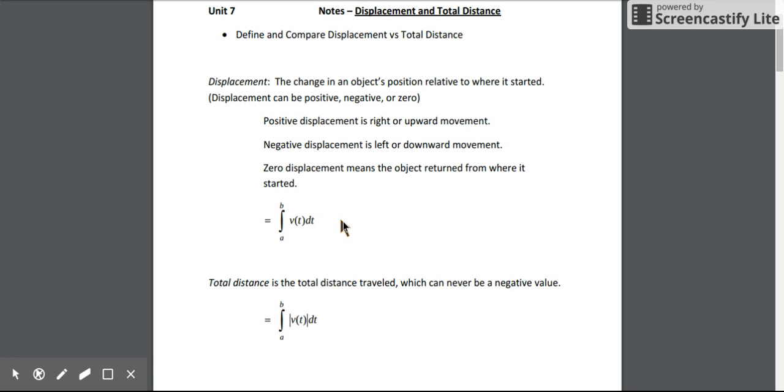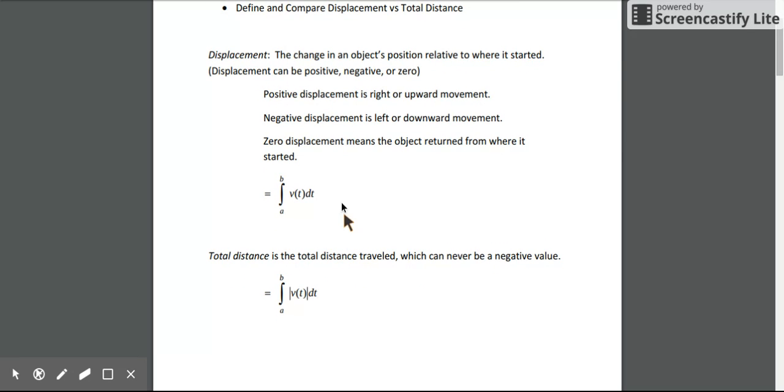So displacement could be the same as the total distance, but often is different from the question asking, what's the total distance in which an object or a particle moved? Distance cannot be a negative value. So the only difference here is that we are going to integrate the rate at which something is moving, and we're going to integrate the absolute value of that, making sure it's positive.